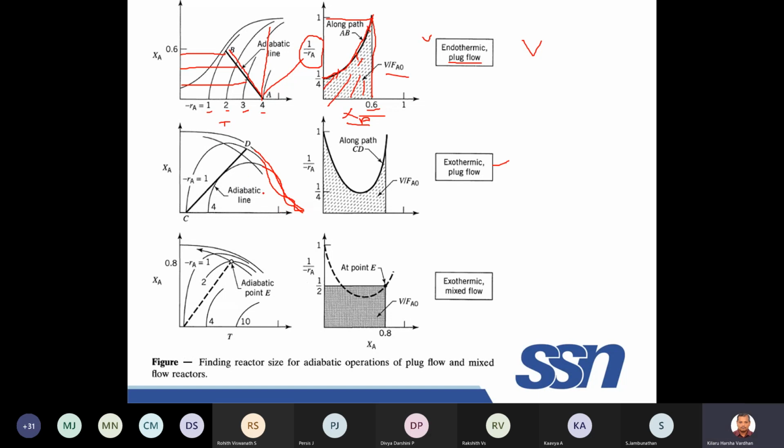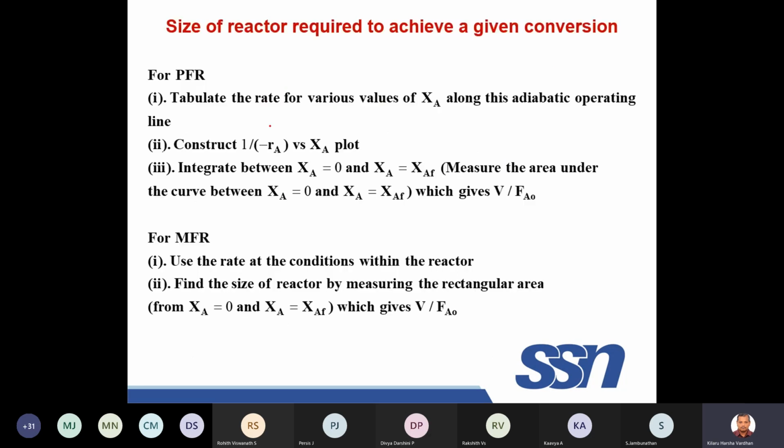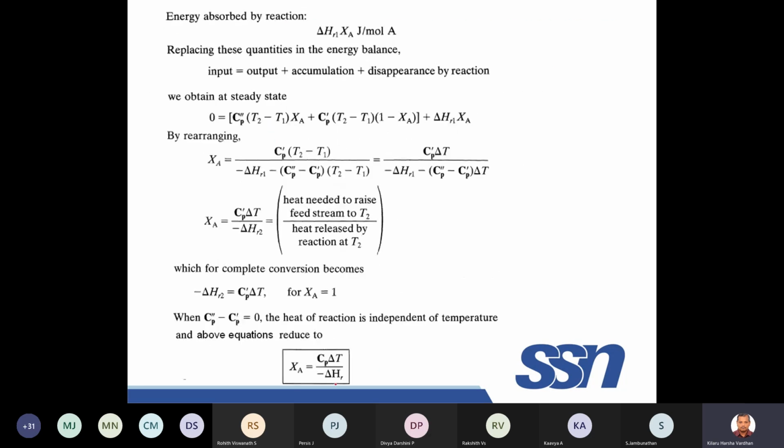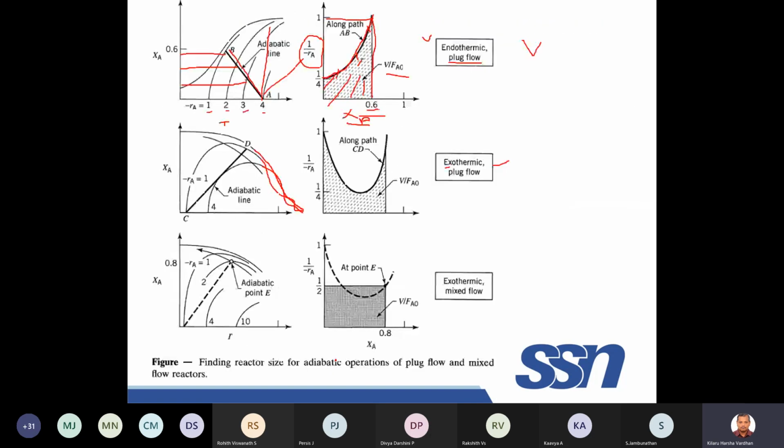You have a locus of the points for an exothermic reaction. So for an exothermic reaction, what is happening to the slope? We know that delta HR is negative. Negative of negative becomes positive. So if I draw a curve between XA versus T, then the slope of delta Cp by delta HR becomes positive. So with a positive slope, from a particular temperature, I draw a line.